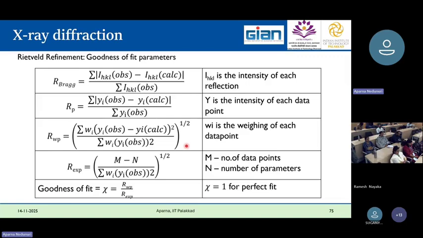These two we'll keep our eye upon whenever we do refinement, whether we are decreasing the Rwp value or increasing the Rwp value. So while starting your refinement, you'll start with one Rwp value and we'll see as we keep on including the phases into your data, are we decreasing it or are we increasing it?